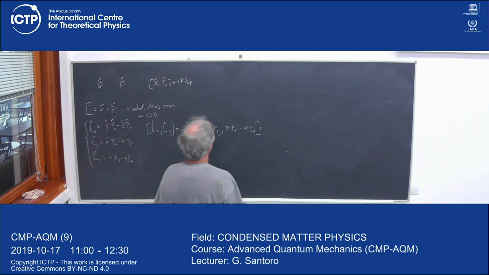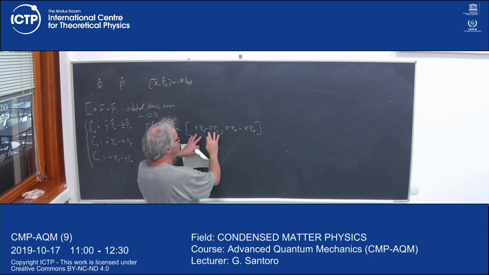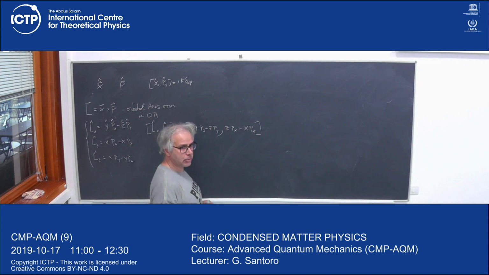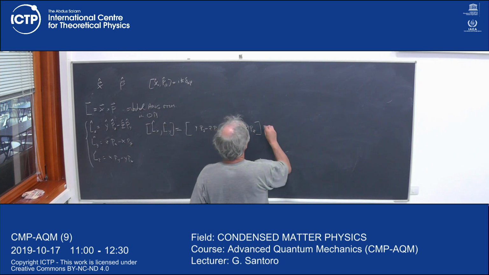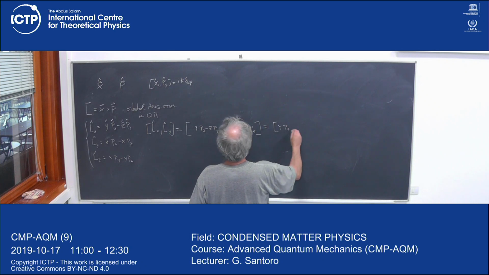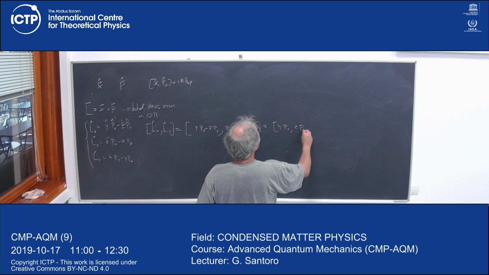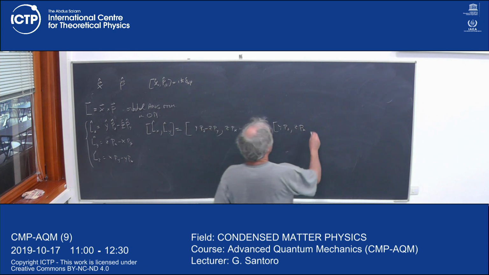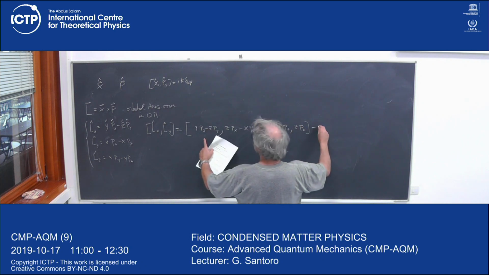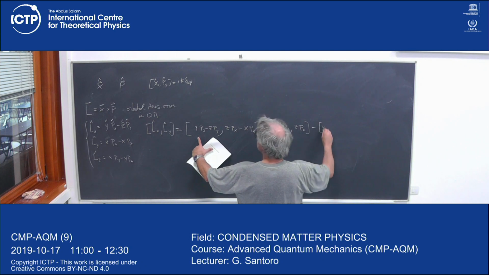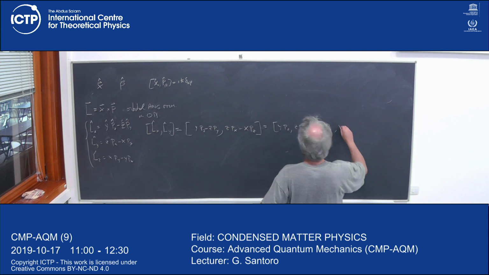I'll go slowly. There are four terms, 2 times 2, so 4 commutators. Okay? So let's see. One is y pz commutator with z px. Another is minus y pz commutator with x pz.